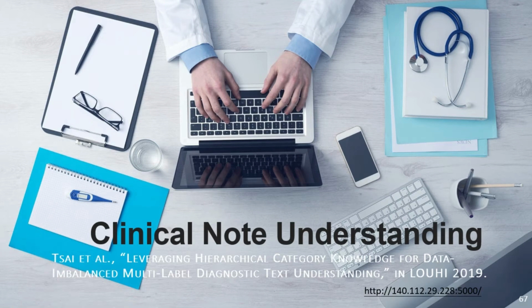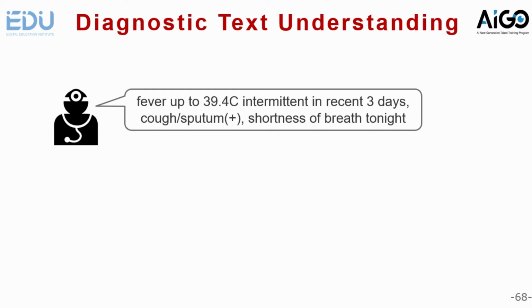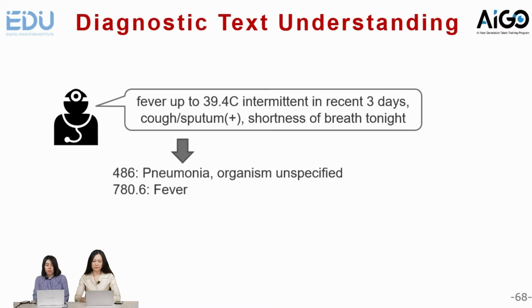The first one is clinical note understanding. For example, in the hospital, usually the doctor will take a note about the patient. For example, this is a diagnostic test, and usually based on this note, in the hospital there's a job called coder, who needs to label this text with the corresponding diagnostic codes.